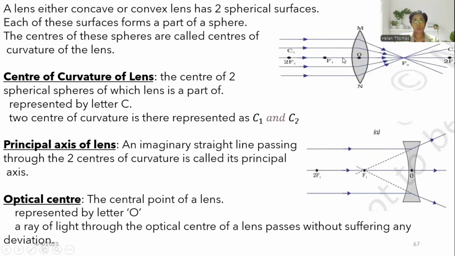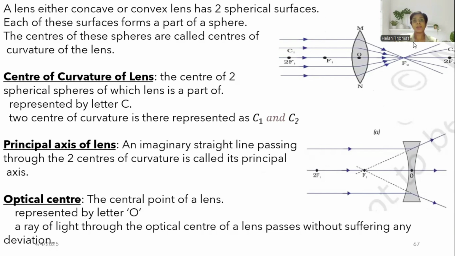So these two surfaces of the lens form parts of two different spheres.